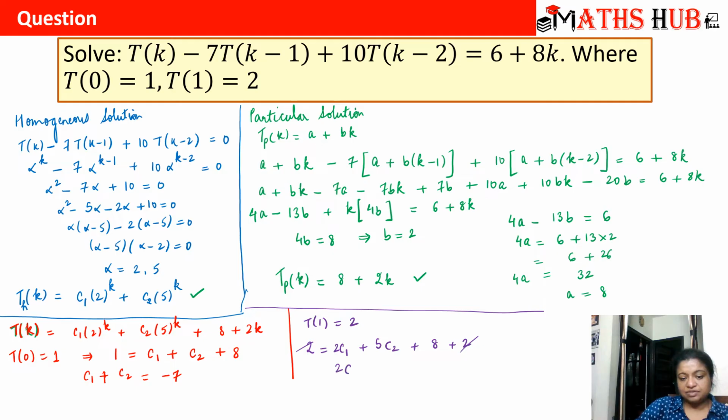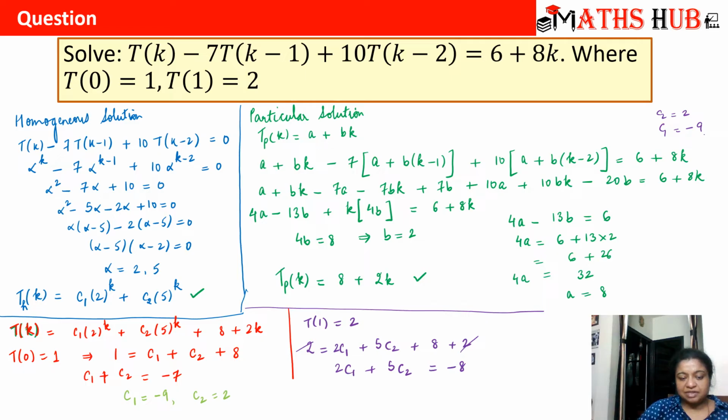So we have 2C1 plus 5C2 is equal to minus 8, right? So after solving these two equations, we need to calculate the values of C1 and C2. We'll get C1 as minus 9 and C2 as 2, right?